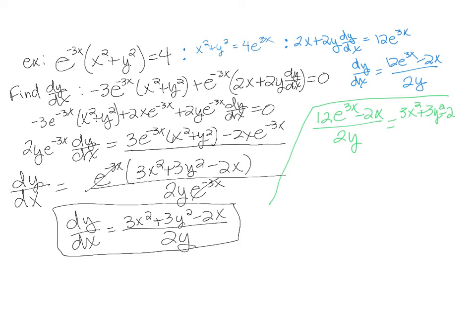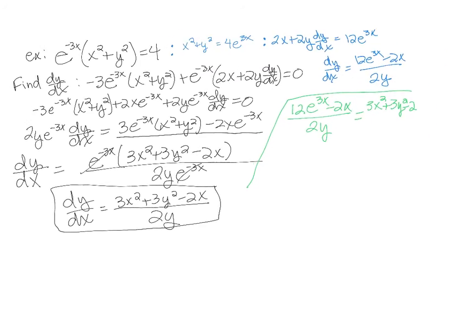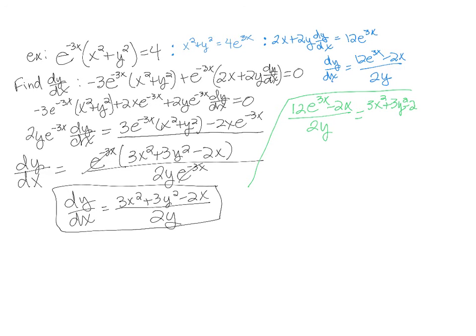Sorry, I'm on the edge here and I can't write. Hold on. To minus 2x divided by 2y.